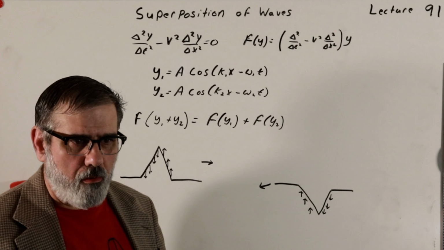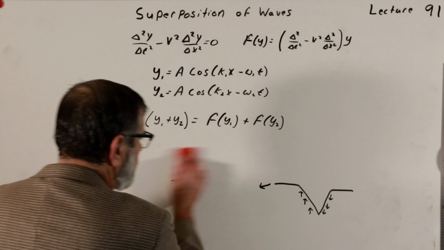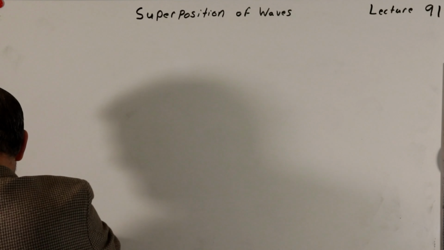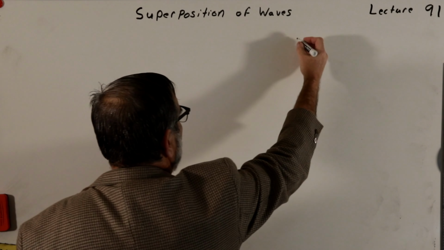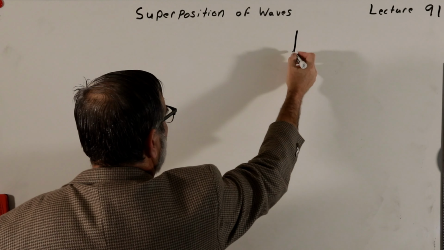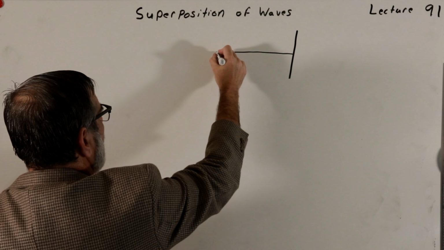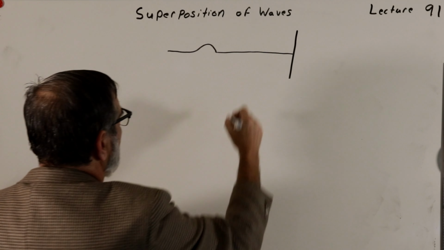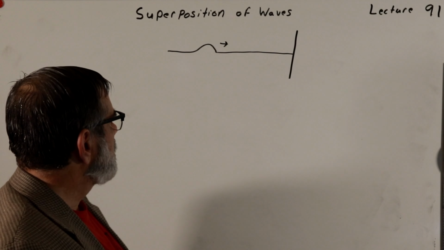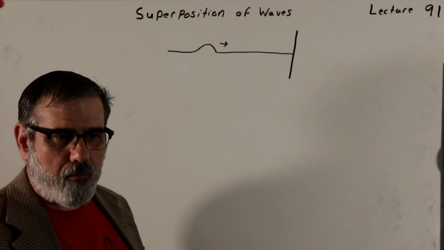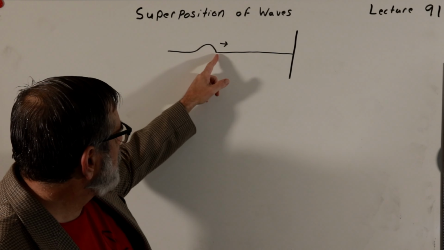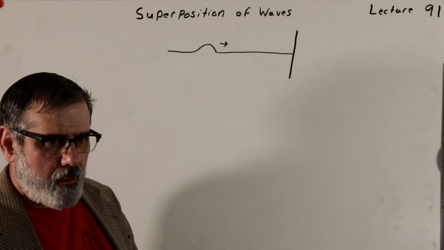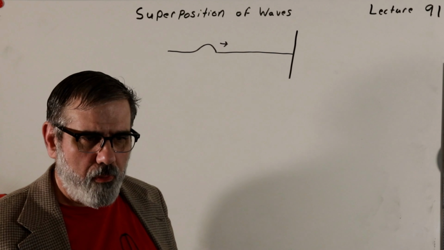So if I tie the string to the wall, so here I have a wave pulse incident on this wall, right? And you can see that as the wave moves forward, what's it doing to the string right in front of it? It's pulling it up, right? We just went over that with our triangle wave, right? Yeah. So what's it going to do when it gets to this wall? Can it pull it up?